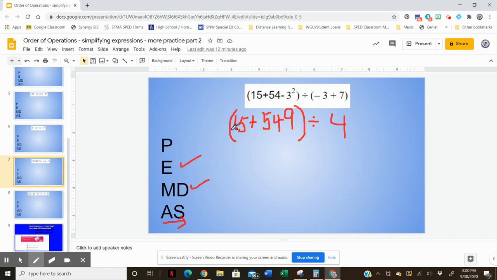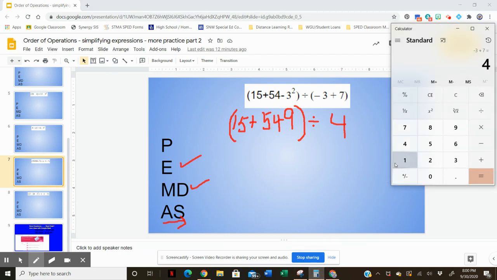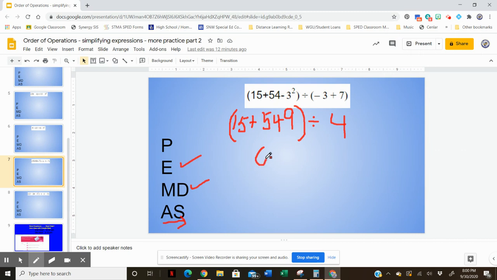So I'm going to start with 15 plus 54. I'm not sure what that is off the top of my head. I'm going to say 15 plus 54 equals 69. And I'm just going to write that down. I'm not going to jump ahead because I might get confused, might do things out of order. Minus 9.